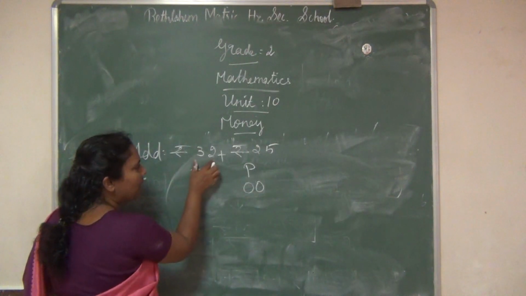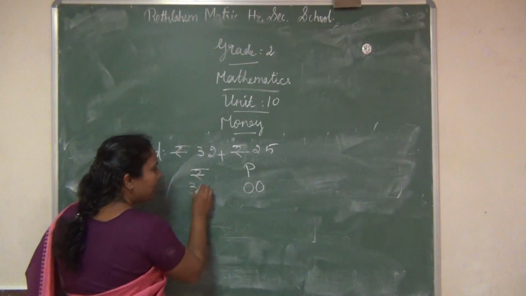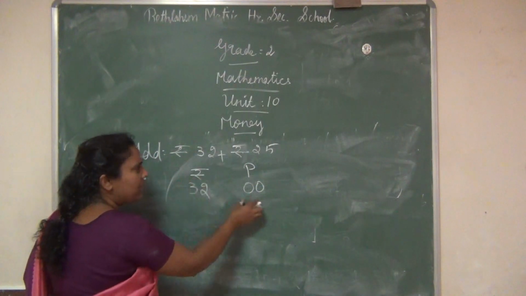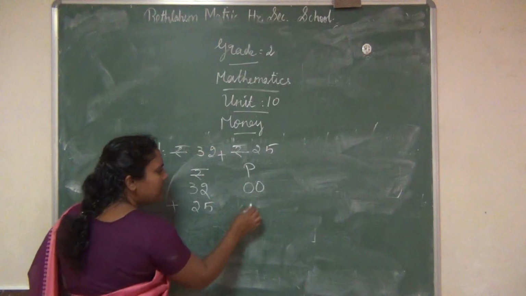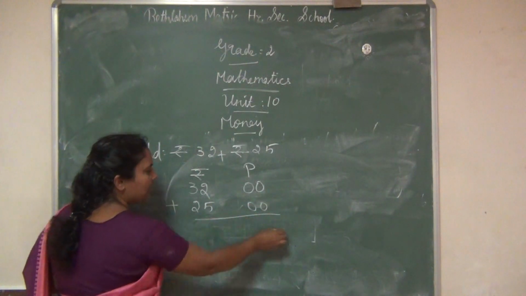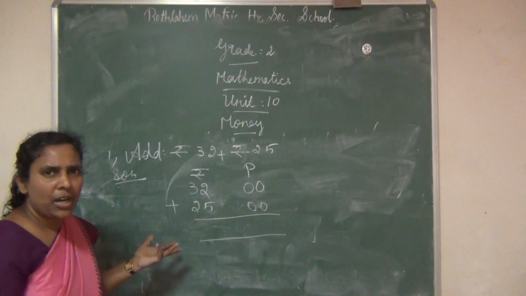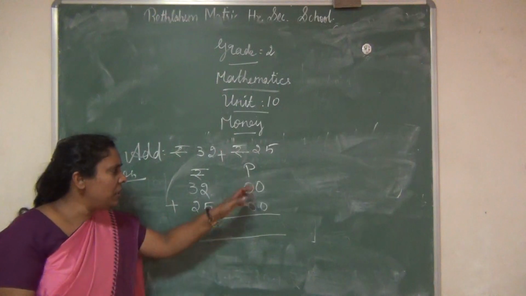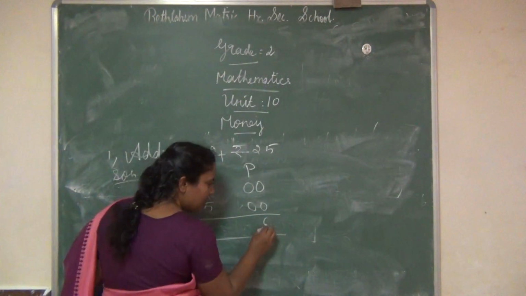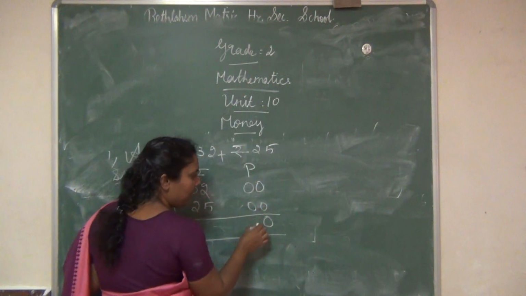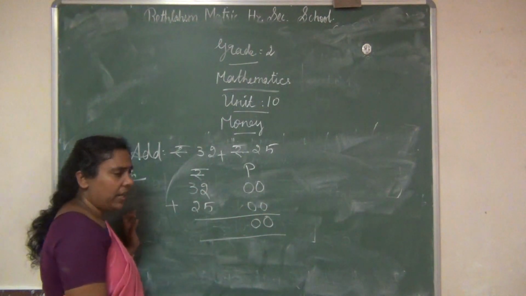Now listen, first what number is given? First they given 32 rupees, no pice, and plus 25 rupees, no pice. So 0, 0, pice. Do you know to add? If you are adding 0 plus 0, what answer you will get? 0 plus 0 is 0 and 0 plus 0 is 0. Okay.